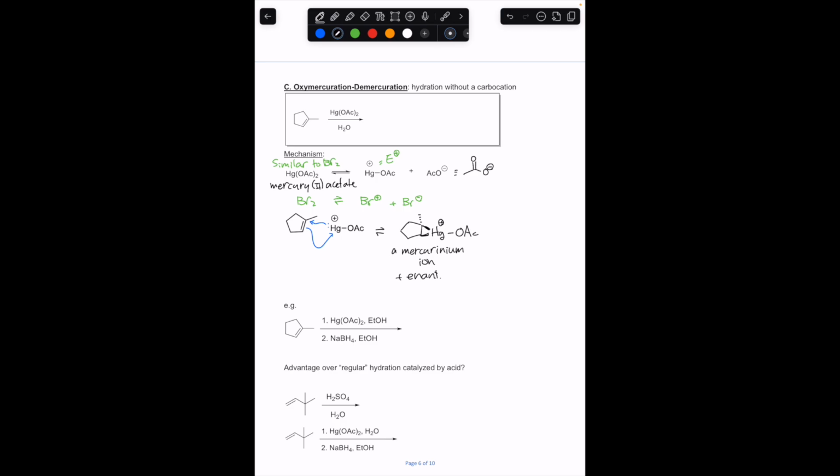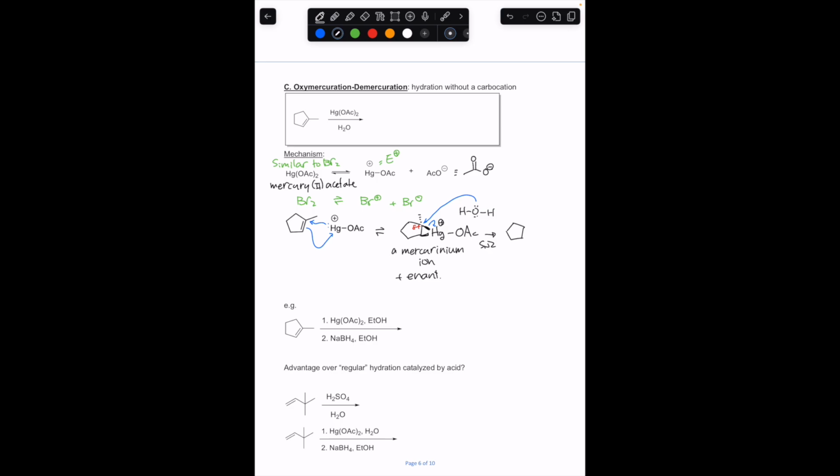Now, this could be opened up by a weak nucleophile. If the solvent is water, it's going to attack here. It doesn't have to be water; it could also be an alcohol. Again, that's the site that has more partial positive charge, the carbon that's more substituted. And once that happens, again this is an SN2 reaction step.